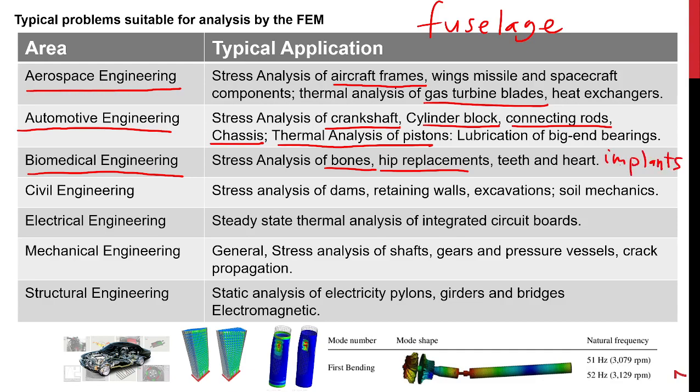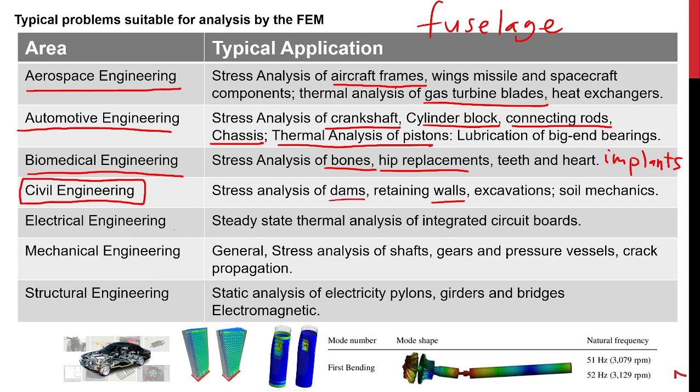Civil engineering, not much actually, but sometimes they do, because civil engineering has a lot of codes, and it is one of the oldest professions in engineering, following very strict rules that are proven to be okay already. But they also do some analysis on dams, walls, structures, frames, bridge frames, the truss structure of the bridge.